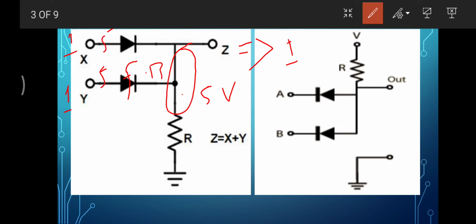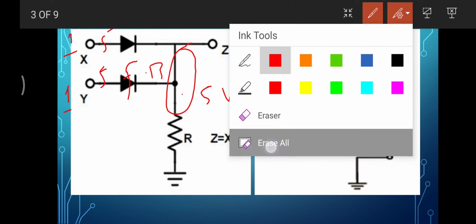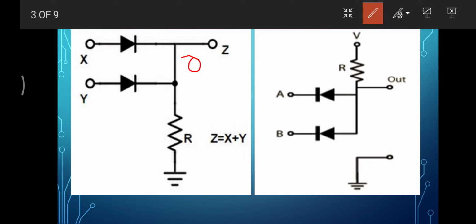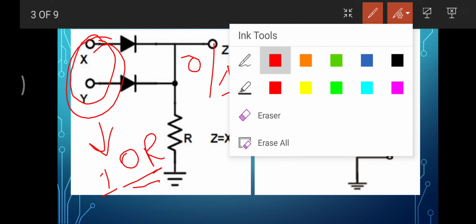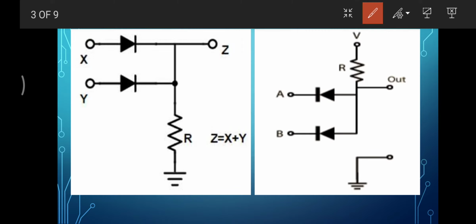So by this what we have seen is that the output is 0 only when both of the inputs are 0, and the output is 1 when any one or both of the inputs are 1. This means right now this circuit is working as an OR gate.